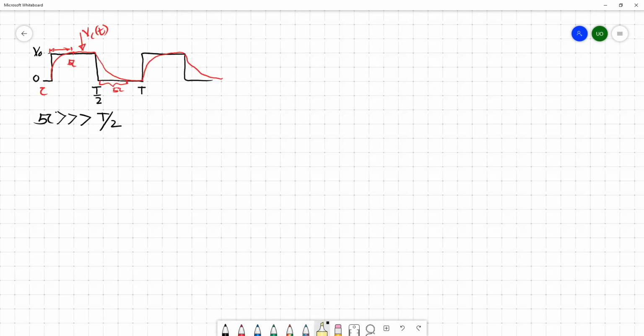So this is 5 tau. This is the time required to charge or discharge to its max or min.